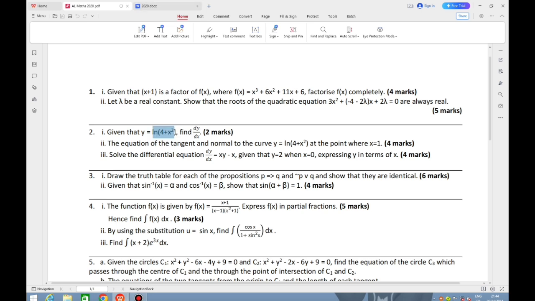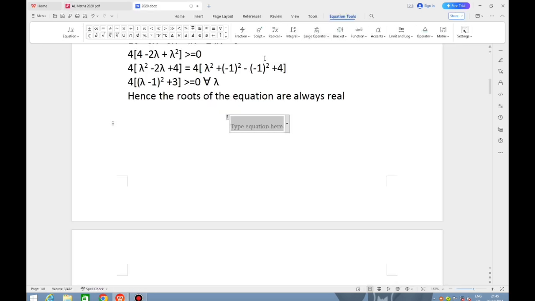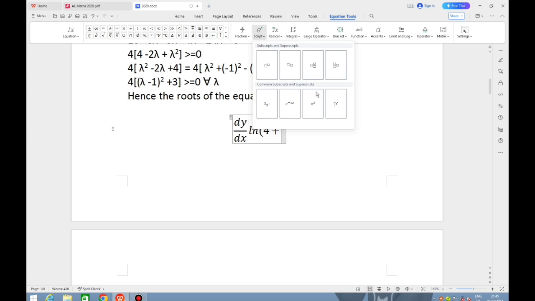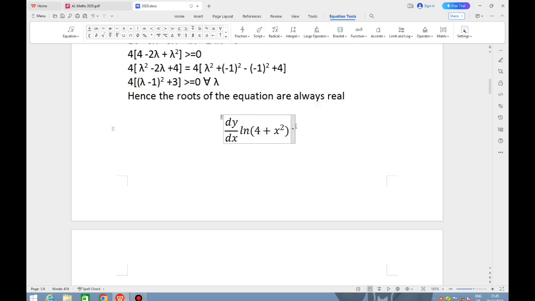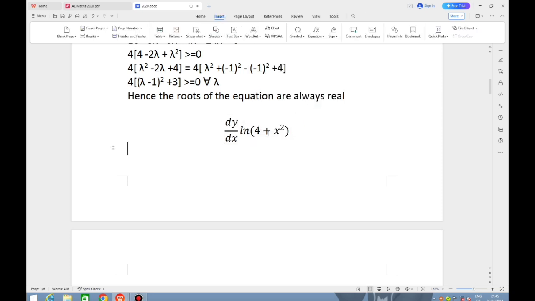So if you have to do this here, let's just write. That's simply going to be dy/dx of ln(4 plus x squared). The differentiation of 4 plus x squared is simply equal to 2x, because the differentiation of the constant is 0.